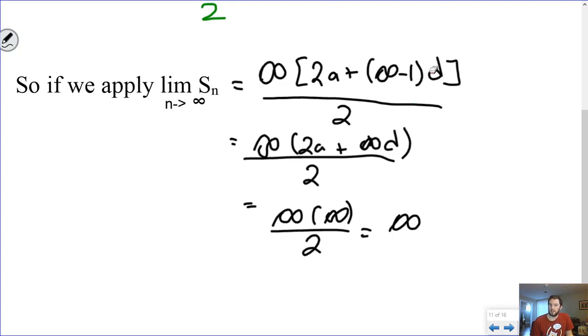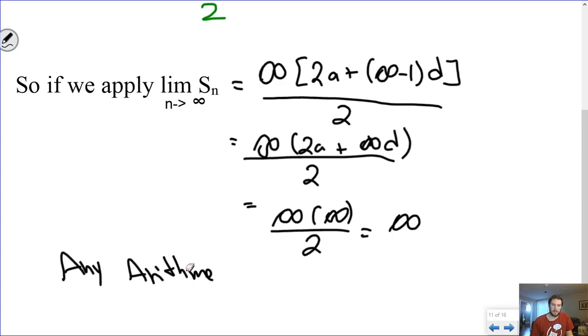If d were a negative number, then this would in fact be negative infinity, and that would take us down towards negative infinity. So it does matter whether d is positive or negative, but it doesn't matter its magnitude. It doesn't matter how much it is, because when you multiply it by infinity, you're still going to get infinity.